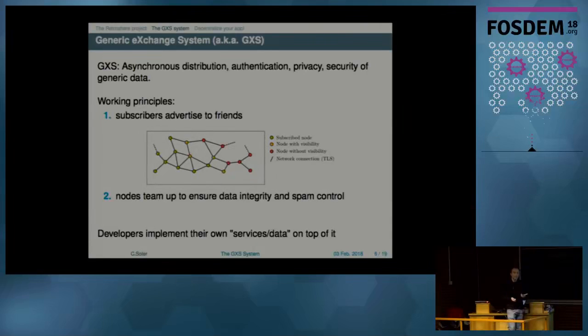And once you're subscribed, you make your friends aware that this data exists and they can subscribe, etc. The second principle is that the nodes in the network all participate in data integrity, spam control, flooding control, etc. And on top of this, the services are implemented.